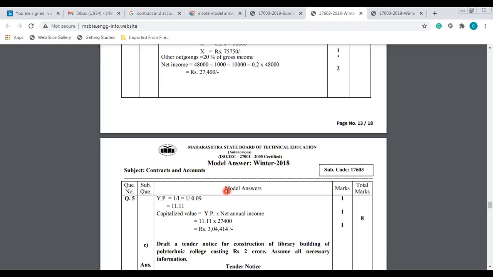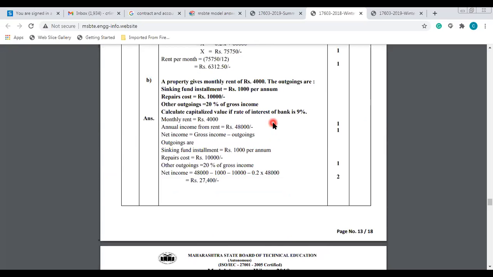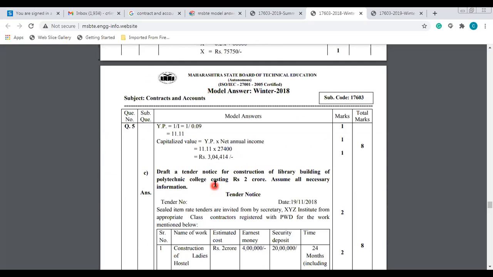But if only a single rate of interest is mentioned in the problem, like this problem, the rate of interest on the capitalized value is only 9%. Only a single rate of interest is there. So it's a single rate years purchase. So here the formula becomes YP equals 1 divided by I, where I is 0.09 in this case. So the YP value comes as 11.11.